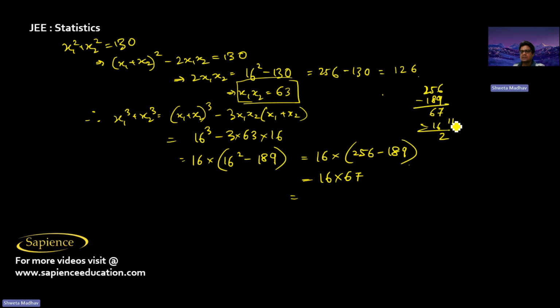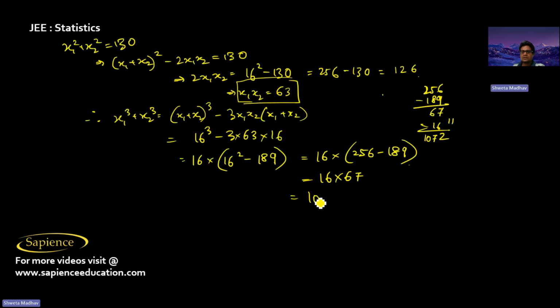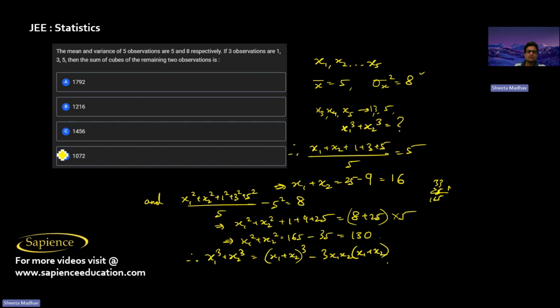So 96 plus 11 is 107. So that is 1072. So option D is the correct answer.